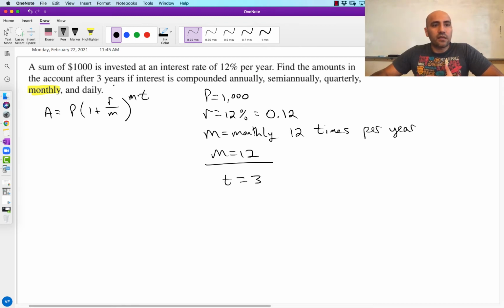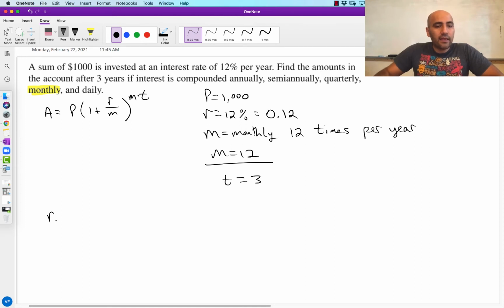So certain things like to go by months, like mortgages. If you ever look at mortgage documents, they often refer to the number of payments. There's 360 payments, there's 590 payments, whatever. They turn their years into the number of months required for the mortgage. Okay, so now all we have to do is plug it into here.